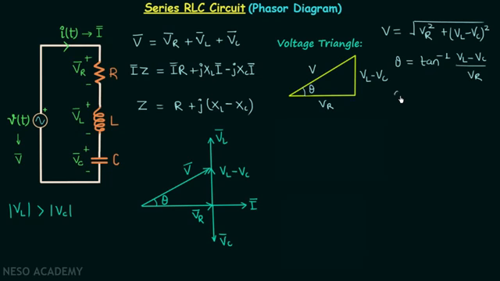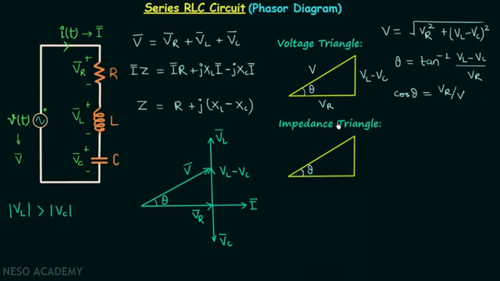The power factor cos theta is equal to VR divided by V. Whether the power factor will lead or lag depends on the L and C values, so I'm not writing leading or lagging here because it depends on the values of inductance and capacitance.